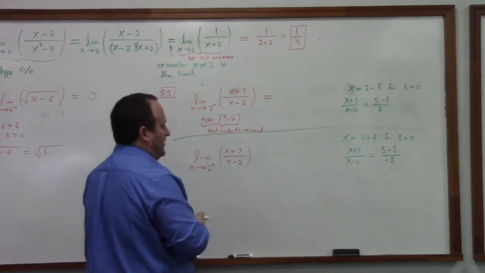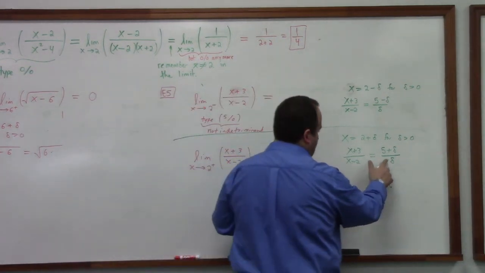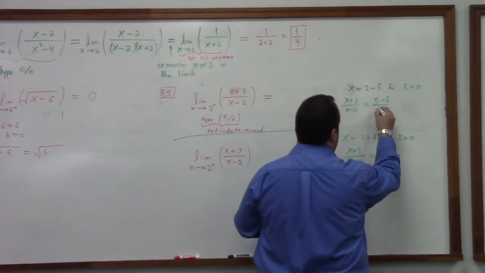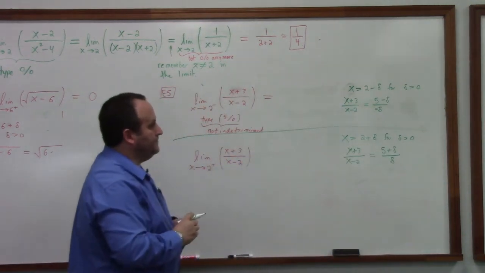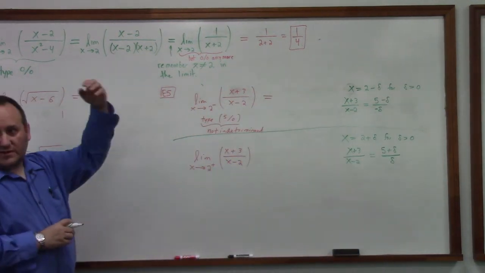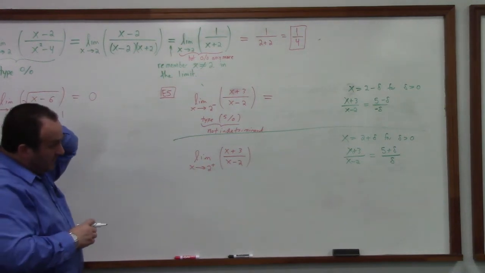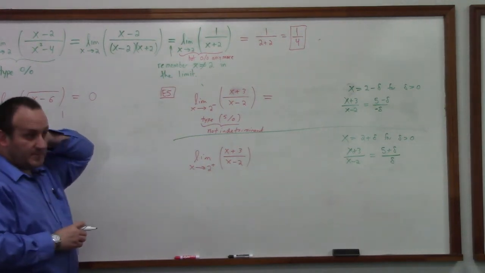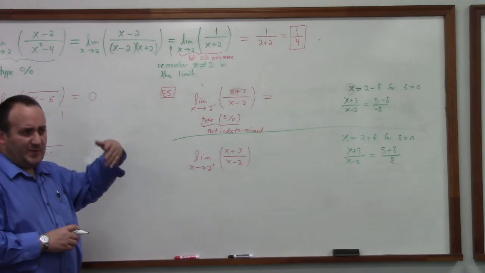Excuse me, I think I've got those backwards. This one works out to delta, this one's minus delta, right? Because I just plugged in 2 minus delta. Do you understand why I'm saying plus or minus delta?